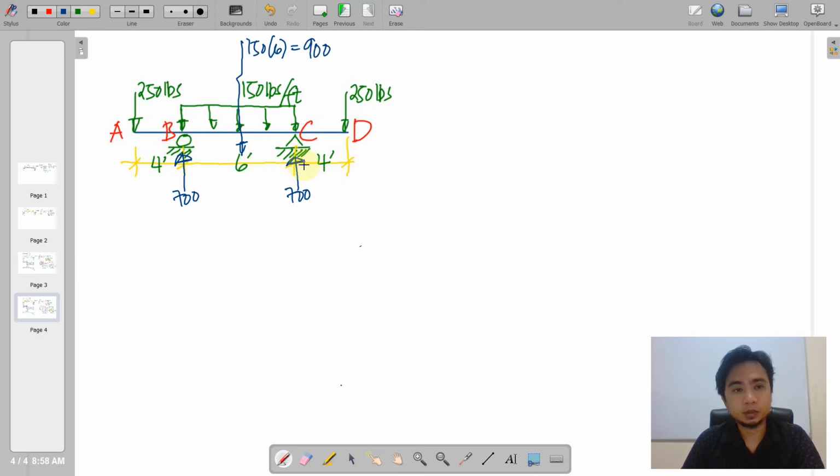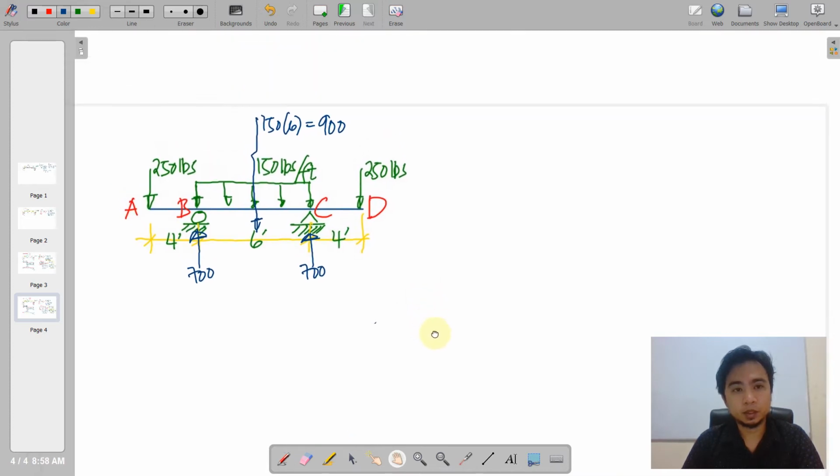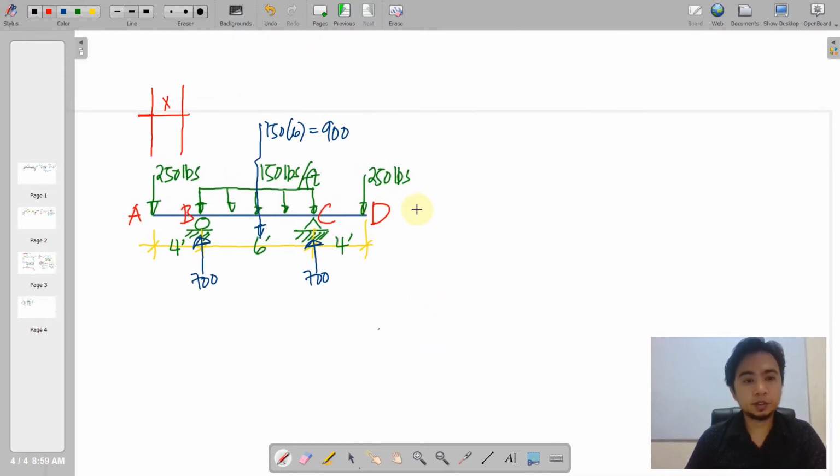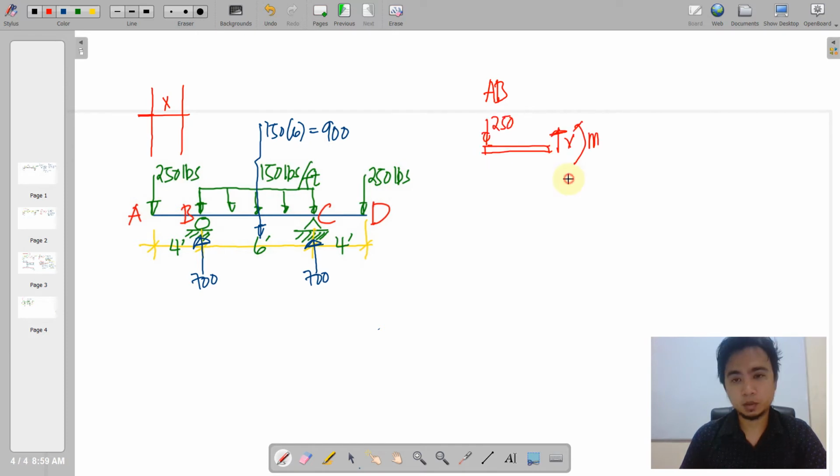So again, by equation method, we are going to do it from left to right. We have a set of x here. First, x is within the boundaries of AB, starting from E. We have here AB. We have here 250, the shear and moment. And this is x.